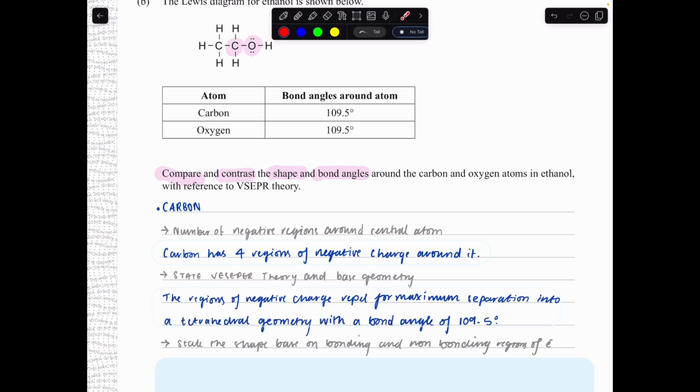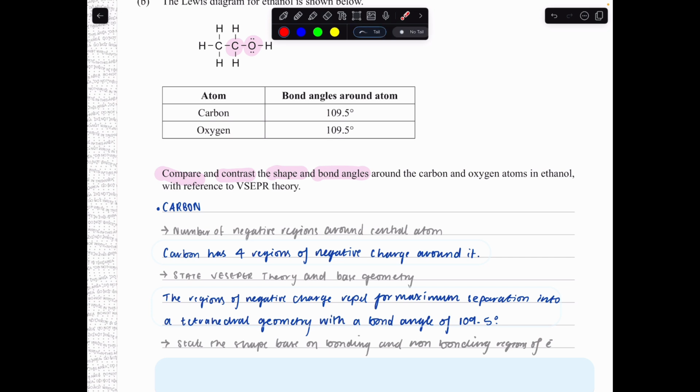Next, state the VSEPR theory like the question has told us. The regions of negative charge repel for maximum separation into a tetrahedral geometry with a bond angle of 109.5. Just to remind you, the VSEPR theory is all about the fact that negative regions will want to repel each other. Like repels like.